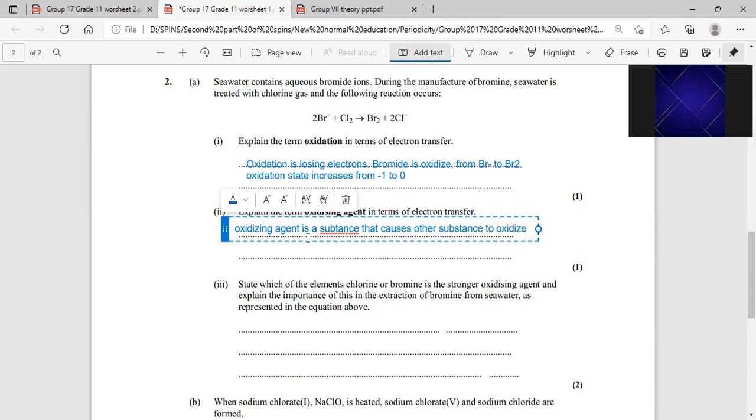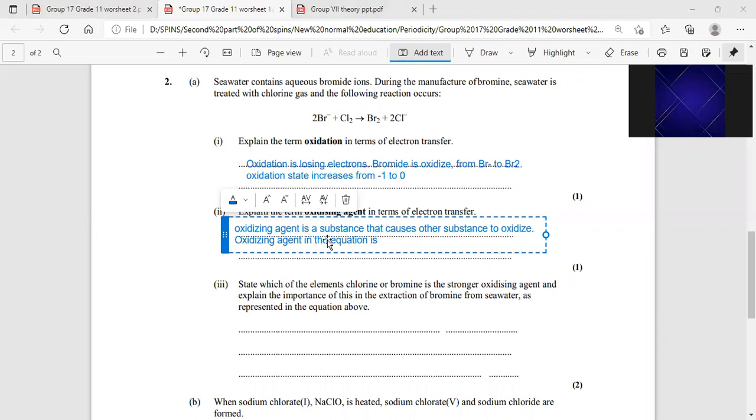What is the oxidizing agent in here? Can I ask Clarence? What is the oxidizing agent? Hello, Clarence.